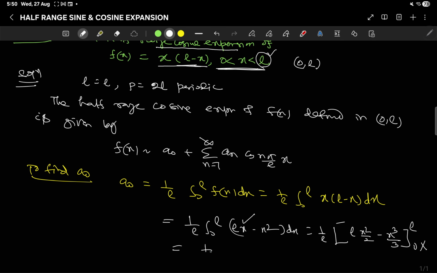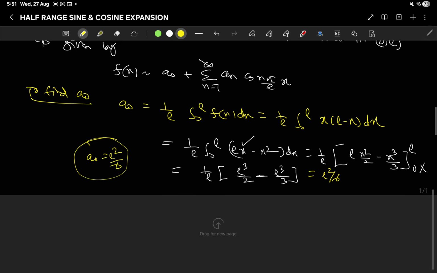So this will be 1 by L times (L cube by 2 minus L cube by 3), which is equal to L square by 6. So we got a0 is L square by 6.